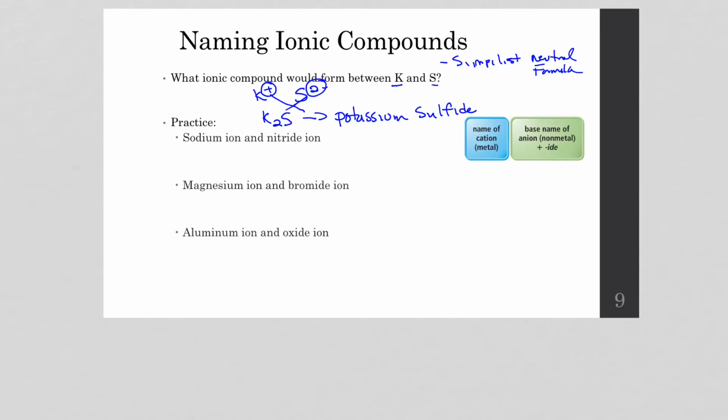We're going to remove the INE and add IDE, so we get things like chloride or bromide, etc. Oxygen is a little bit different. So oxygen becomes oxide. Nitrogen becomes nitride. And the more we use these, the more familiar we will become with them.